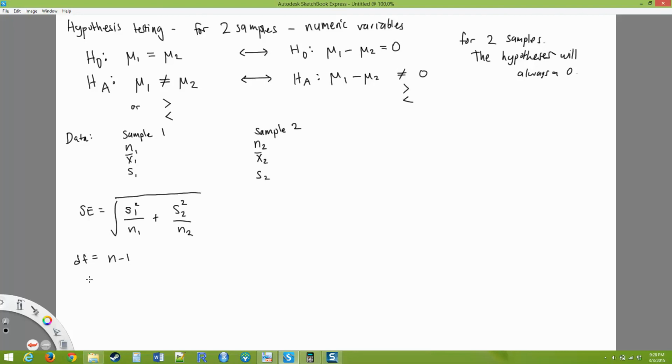N minus 1, but we use the smaller n. Our test statistic, T, is going to be x bar 1 minus x bar 2 divided by the standard error.